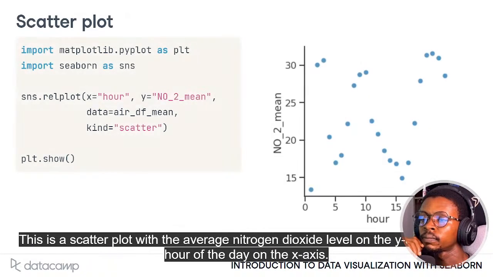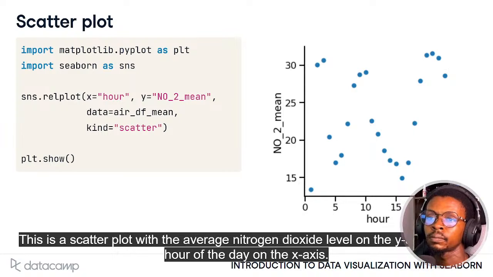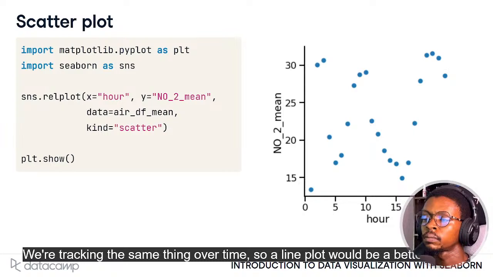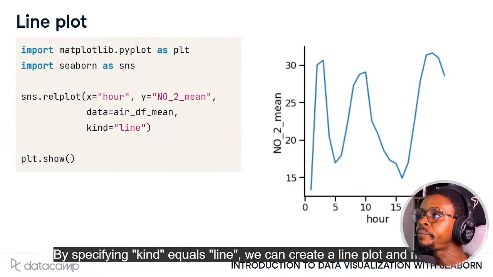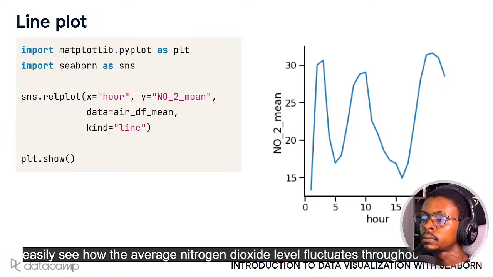This is a scatter plot with the average nitrogen dioxide level on the y-axis and the hour of the day on the x-axis. We're tracking the same thing over time, so a line plot would be a better choice. By specifying kind equals line, we can create a line plot and more easily see how the average nitrogen dioxide level fluctuates throughout the day.